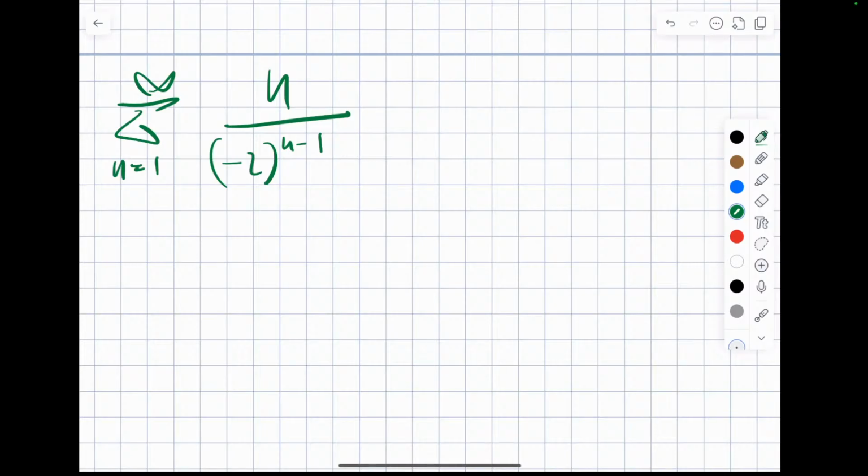That doesn't matter, but usually plus 1, just because you don't want a negative exponent. This is a (-2)^(n minus 1), but you still start at n equals 1, so it doesn't matter. So it's going to be 0.